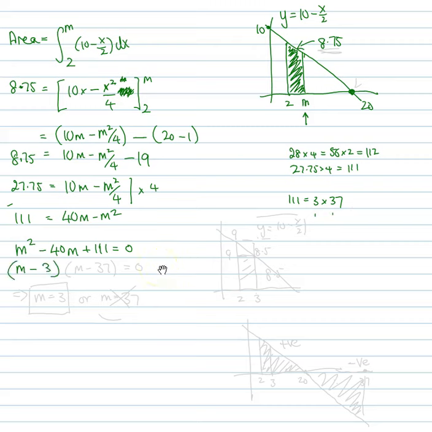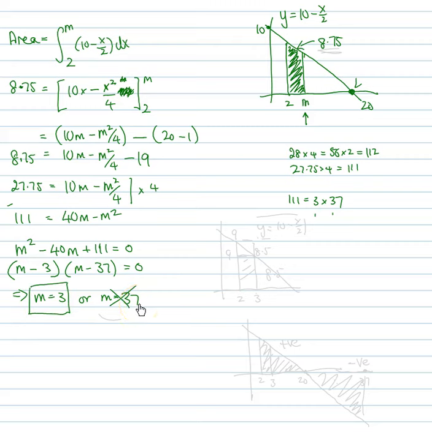So m minus 3 times m minus 37 equals 0, which means that m equals 3 or m equals 37. By looking at the graph, we know that the value of m has to be less than 20, so we can eliminate 37. Therefore, the answer is m equals 3.